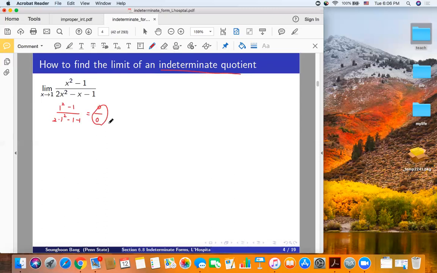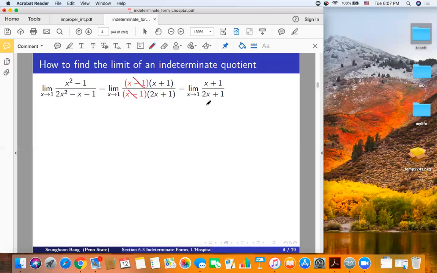You have to factor the top and the bottom. Top is x minus 1 times x plus 1. Bottom is x minus 1 times 2x plus 1. Next, you cross out x minus 1, so we have it. You plug 1 into x: 1 plus 1 over 2 times 1 plus 1. Answer is 2/3.